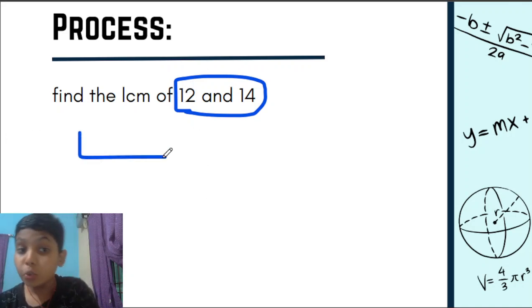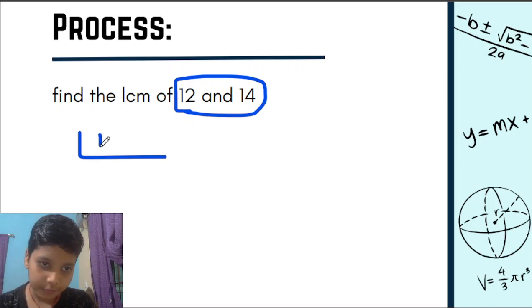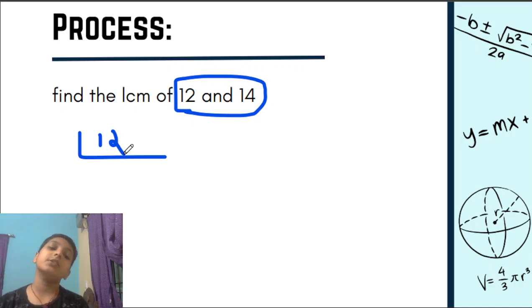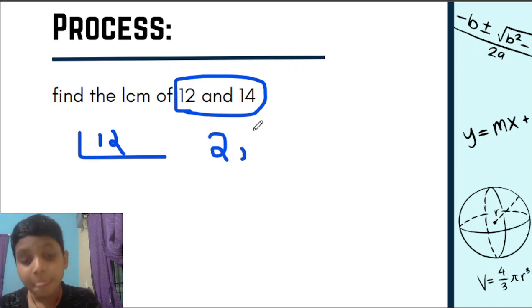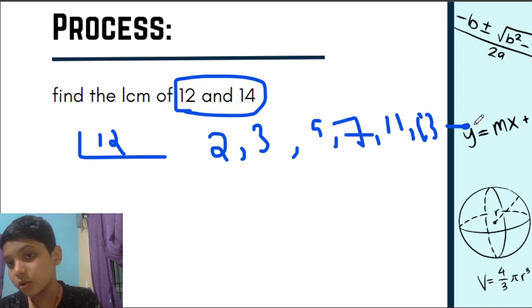First of all we are going to do the prime factorization of 12. What is prime factorization? Prime factorization is the process in which we break down numbers into their prime factors. What are the prime numbers? 2, 3, 5, 7, 11, 13, and the list goes on and on.